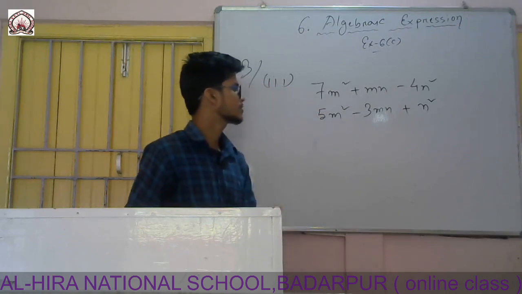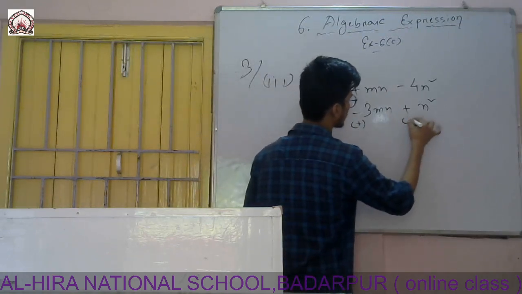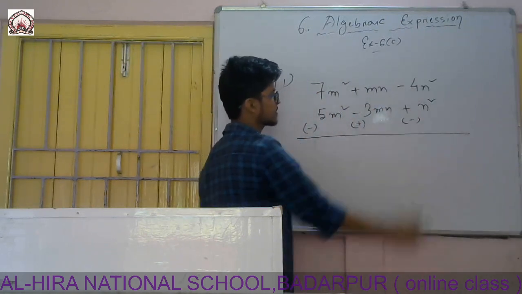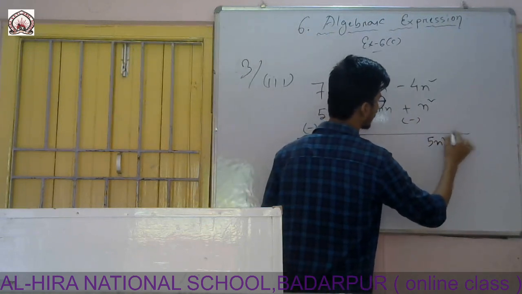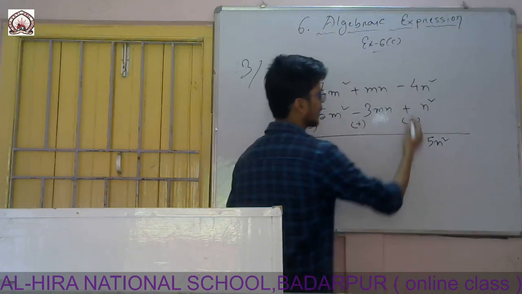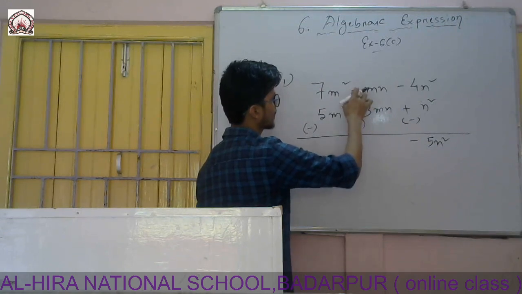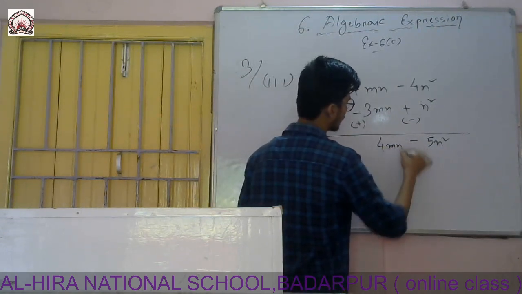So first of all, I will change the sign. It will be minus, there it will be plus, and in this case it will be minus. So now minus minus it is plus. 4 plus 1 will be 5n square. There is nothing, that means 1 is there. So 4 plus 1 is 5. 4 is greater, so minus sign. In this case also, plus plus it will be plus. 3 plus 1 will be 4, and the variable will be mn.